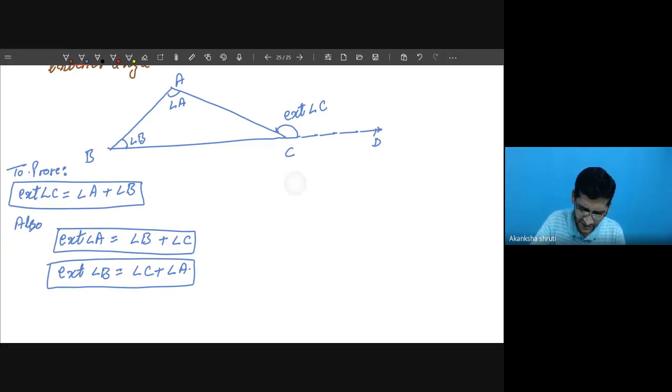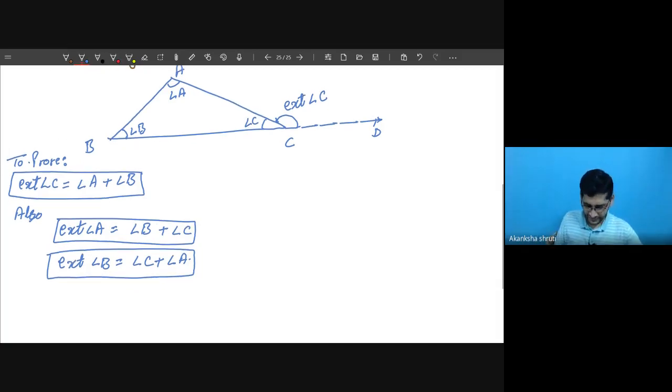Students, this is the angle C. Now, for proving, we can take the angle sum property of a triangle. So in triangle ABC, what we have? Angle A plus angle B plus angle C. Understand, students?